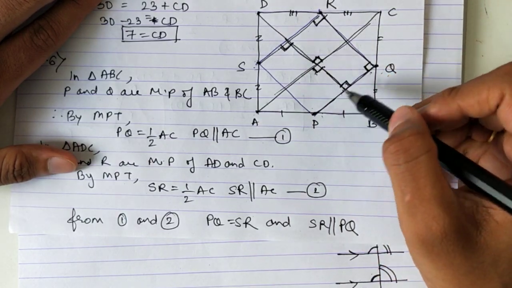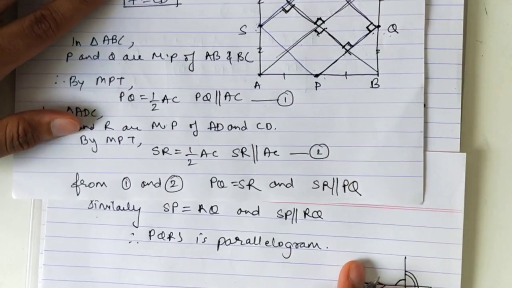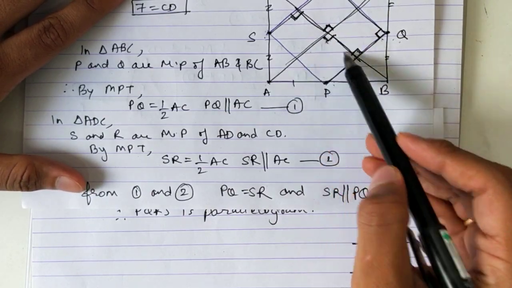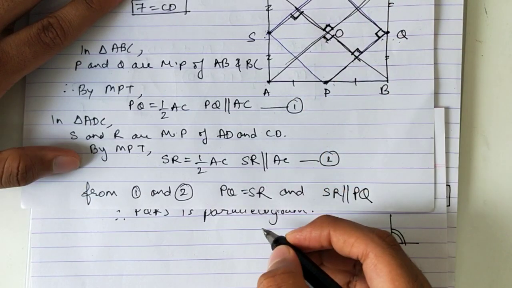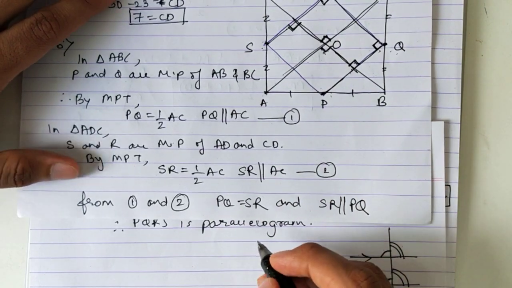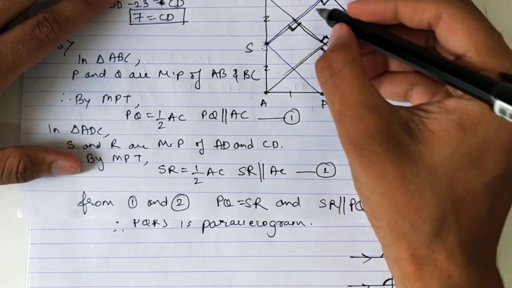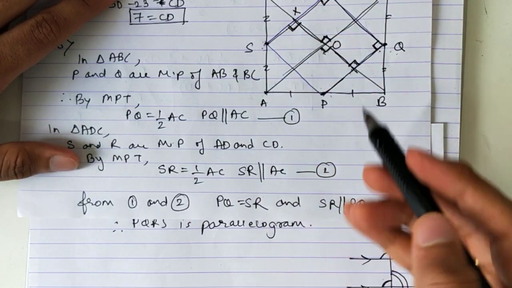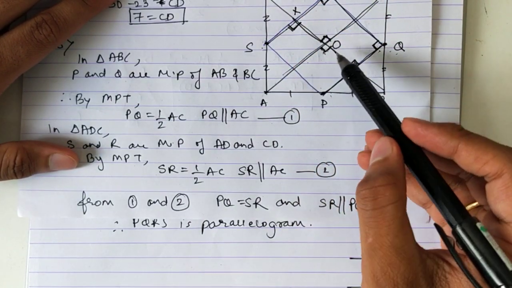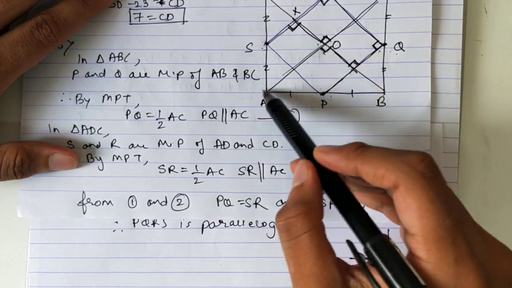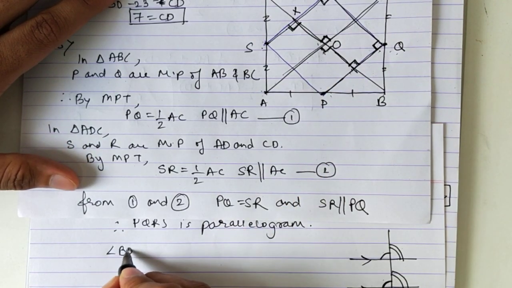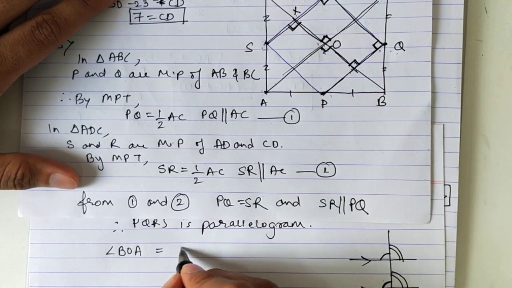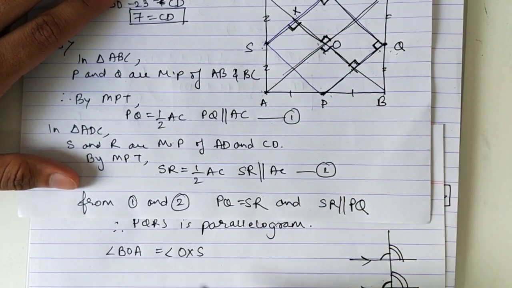Okay, so I'll write the statements here that this angle was already 90. Okay, let's name this point as O, and this point as X. So angle BOA is equal to angle OXS.